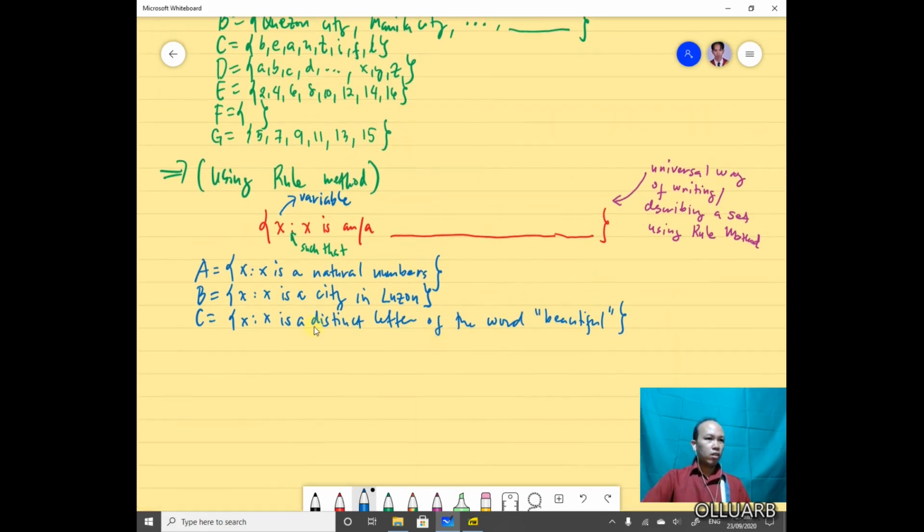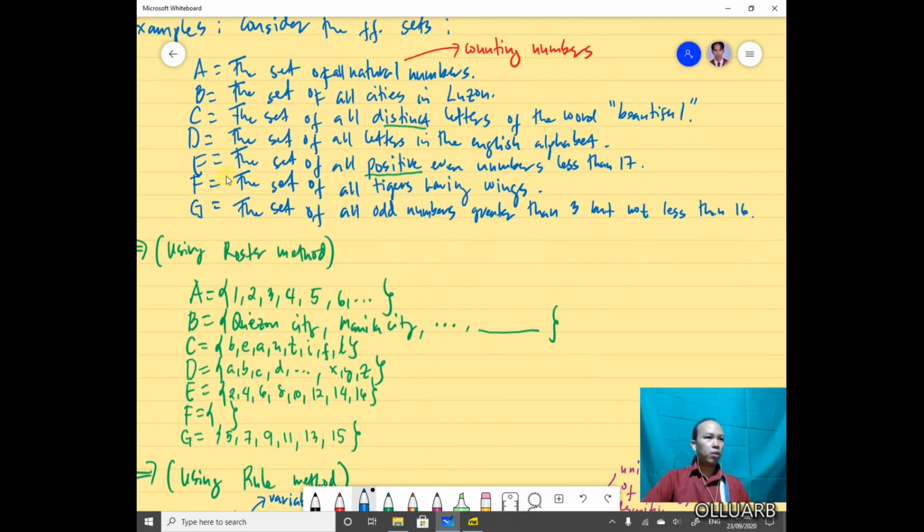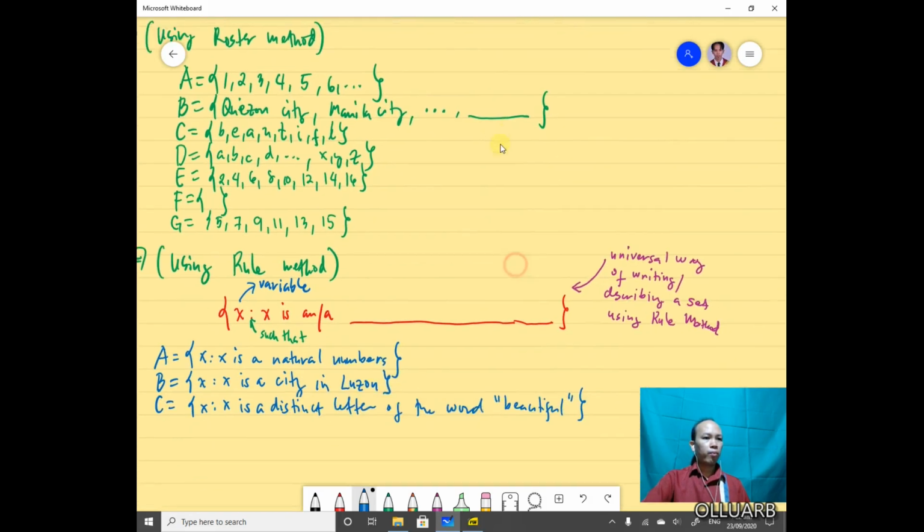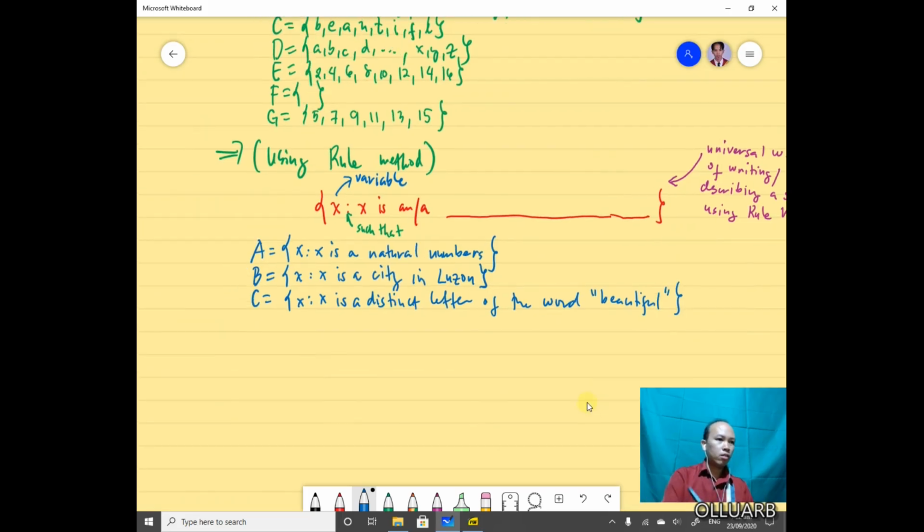So do the same for set D, set E, set F, and so on and so forth. A, B, C, D, E, F, G. Do it at home.